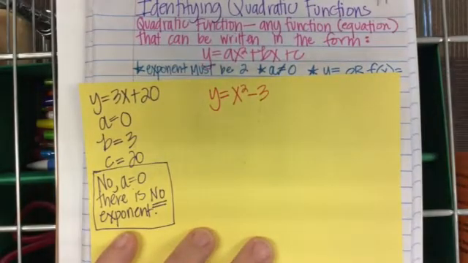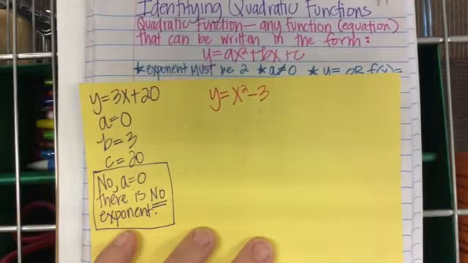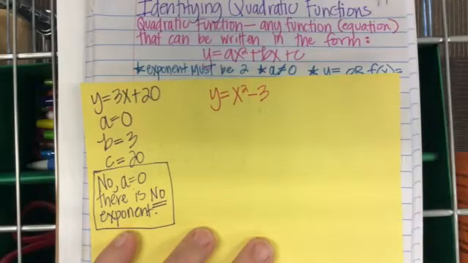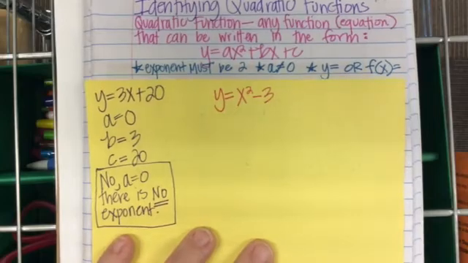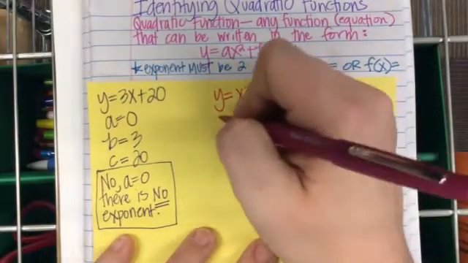Y equals, next one, y equals x squared minus 3. Is this quadratic? So let's see. Yes.